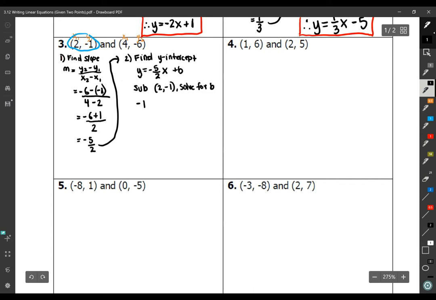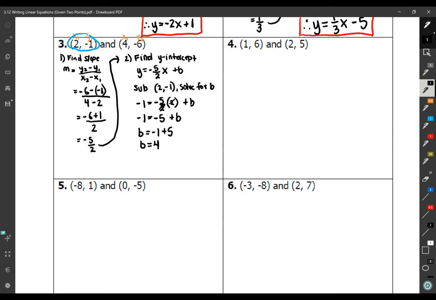So -1 is my y value. 2 is my x value. And now I'm going to simplify. Okay, so -1, this cancels with this, right? We just have -5 plus b, and then we get b is equal to -1 plus 5, which gives us 4.